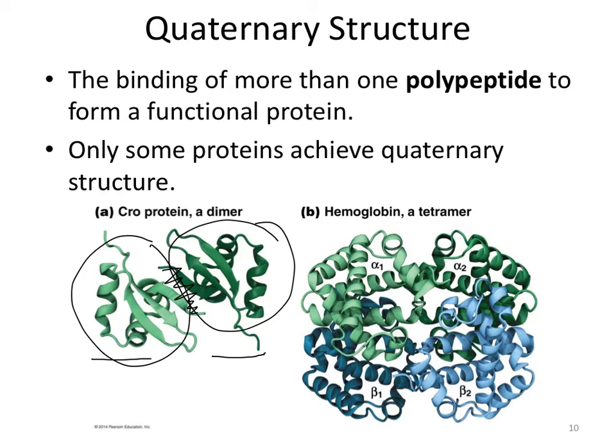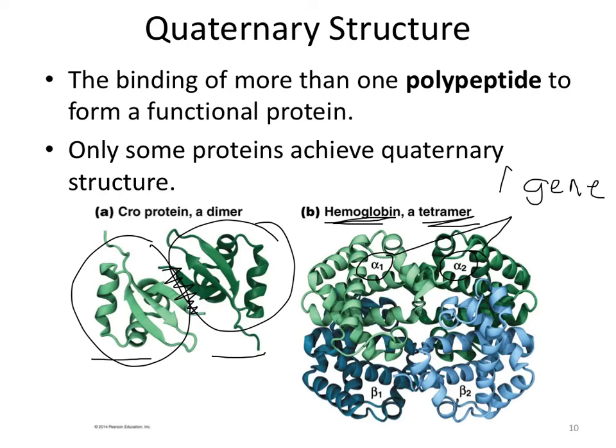Here we have hemoglobin, probably one of the best studied proteins on Earth. It's a tetramer. It has 4 polypeptides associated with it. 2 alphas, which are identical, shown in green, and 2 different types of betas. They're very similar, but they do differ slightly. So there are 4 polypeptides there. The alphas are encoded by the same gene, used to form both of those.